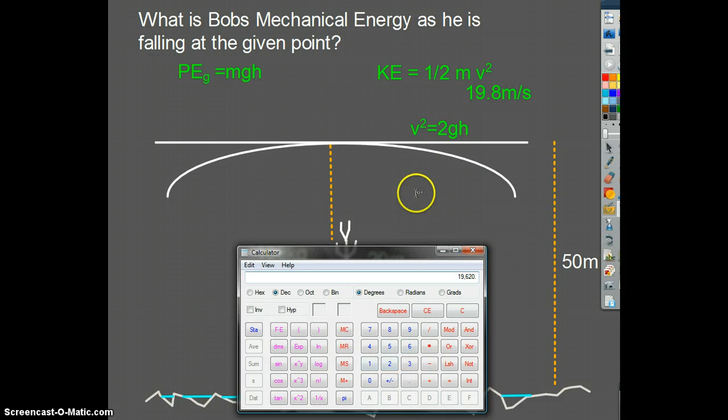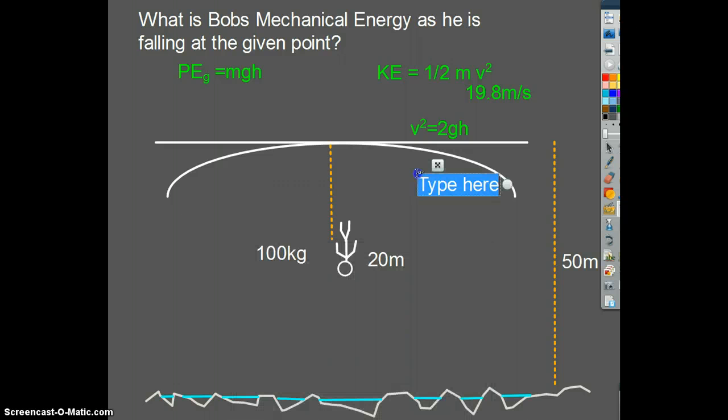And I've got Bob having a kinetic energy of 19,620 joules. Did you get that? Circle it if you got it. If not, make sure you're writing down what we did.